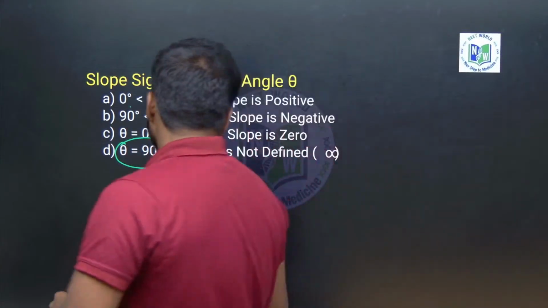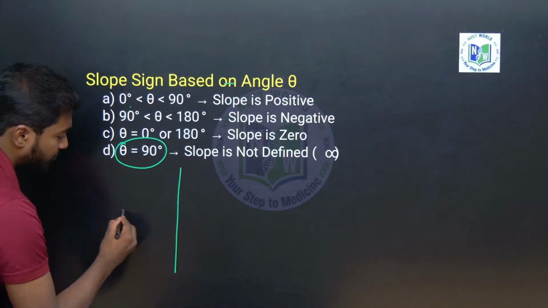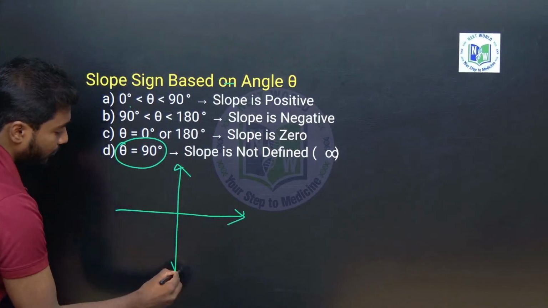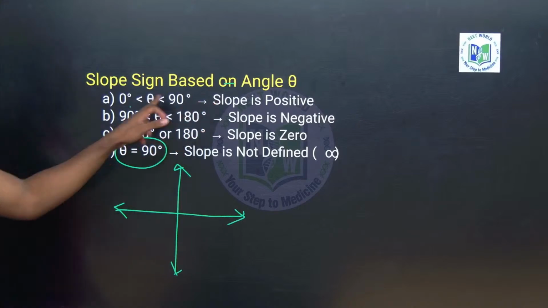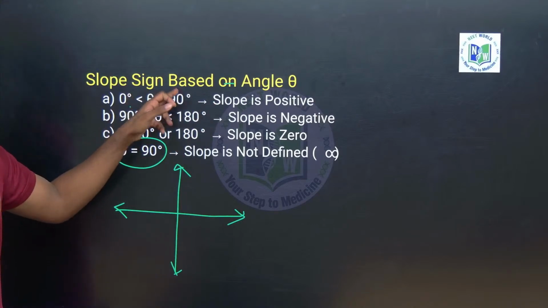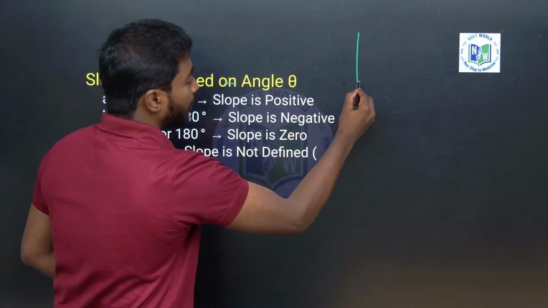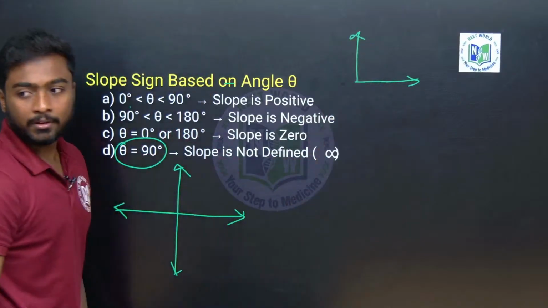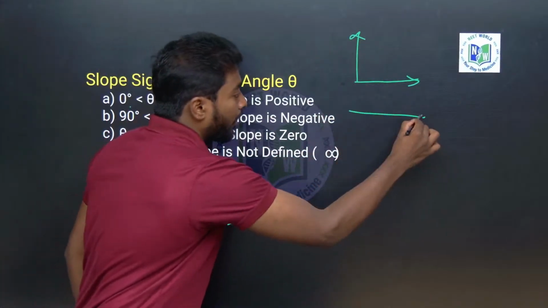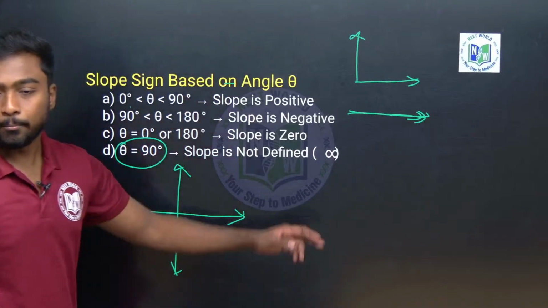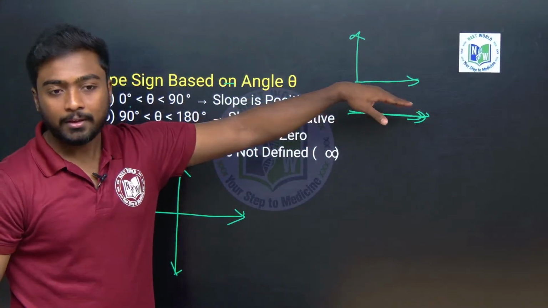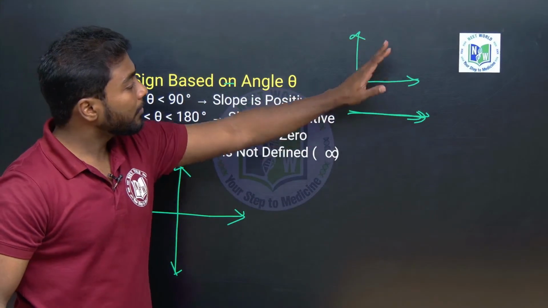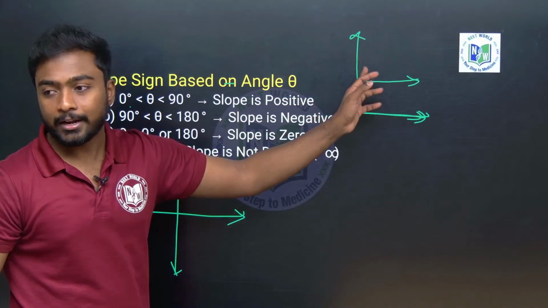See, for example, if I take a graph like this, the angle between 0 to 90 means, this is 0 degree, when both lines are the same, I can say it is 0 degree. When they are perpendicular to each other, it is 90 degree.